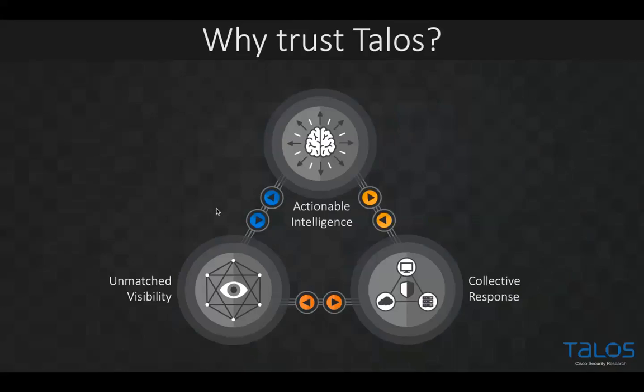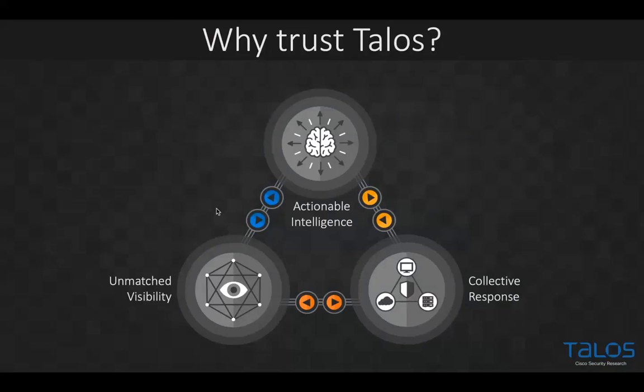This entire process is really what makes Talos shine and why it's of value to our customers. We've developed a process here where we can use our visibility to turn that into actionable intelligence for the latest threats that are out there and drive a response that protects our customer networks very quickly against the latest threats that are out there. And this cycle feeds on itself.